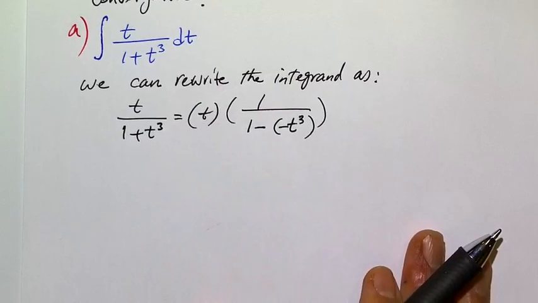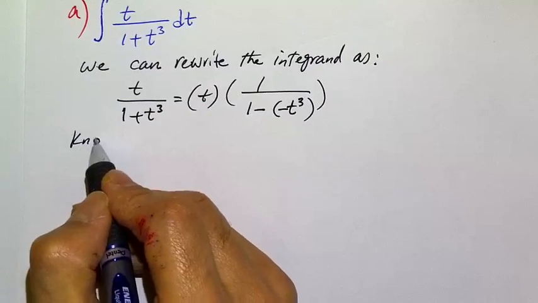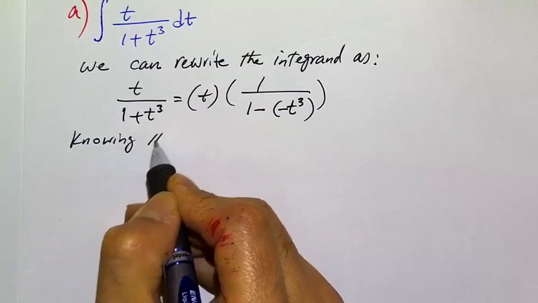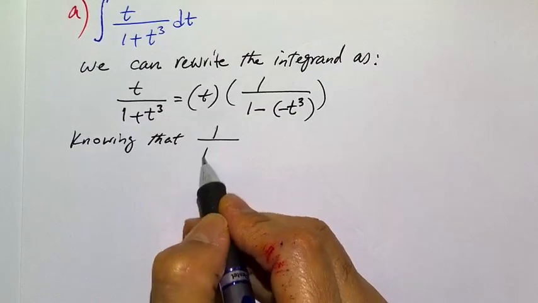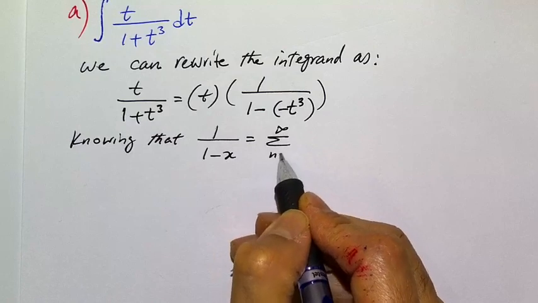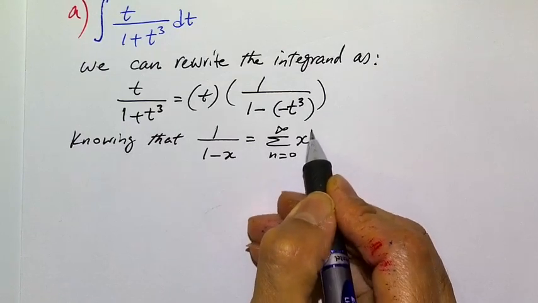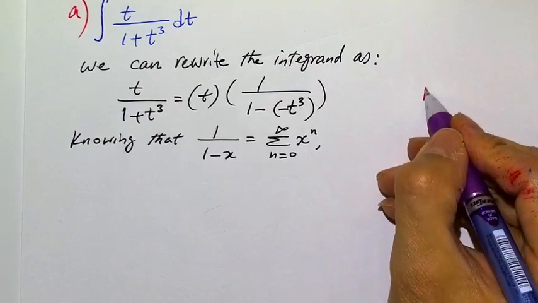Okay, so let's do that. So knowing that 1 over 1 minus x, well, I guess I'm referring back to it here. And I'll just call this equation 1.